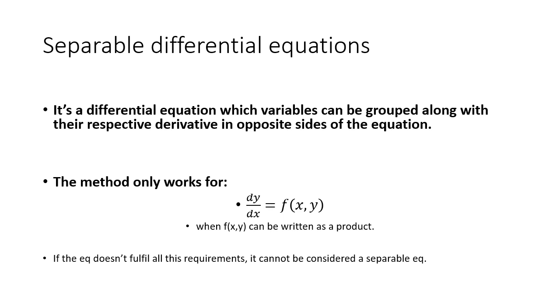In order to solve this kind of separable equations, we're going to be using this method known as the variable separation method, which only works with functions written in this form, and only works when the function f of x and y can be written as a product.